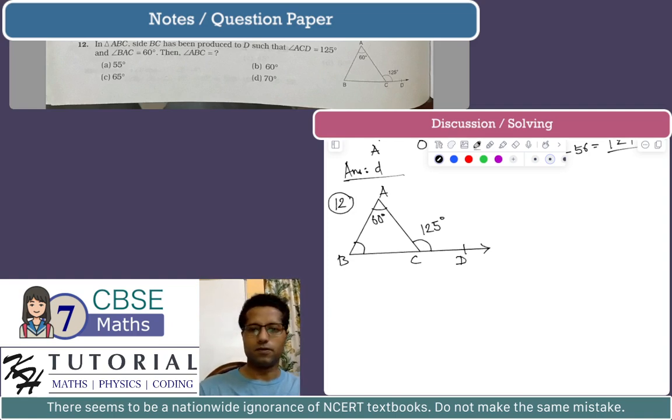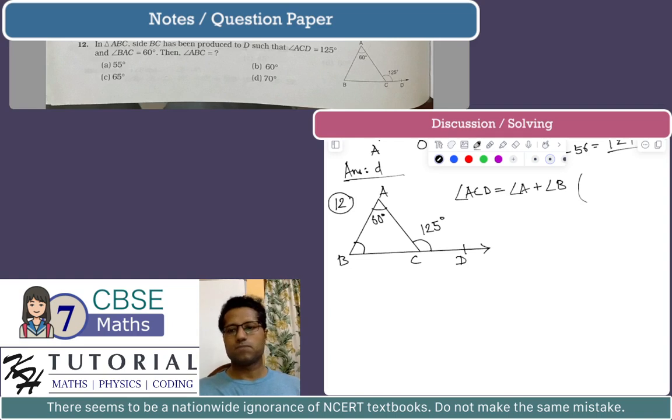Now it is a very straightforward question based on the exterior angle being equal to the sum of the two opposite interior angles. We know that angle ACD will be equal to angle A plus angle B. Why?